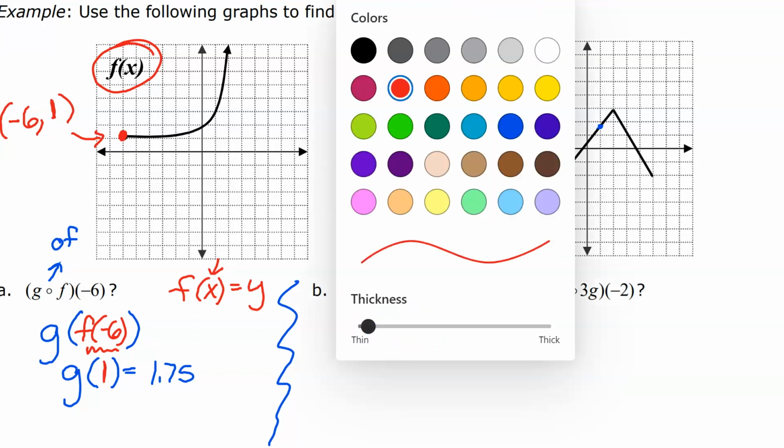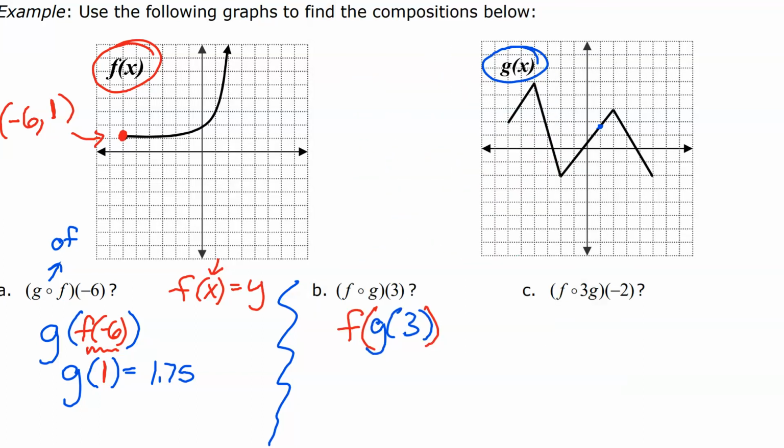So my first step is to simplify what I do know, which is g of 3. So I'm going to go over here to where x is 3, 1, 2, 3, and go up. That ordered pair is just 3, 1. Okay, so my y value is 1, so g of 3 simplifies down to 1.